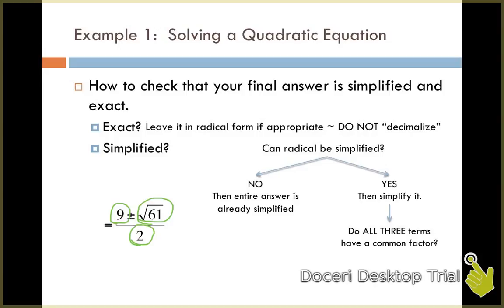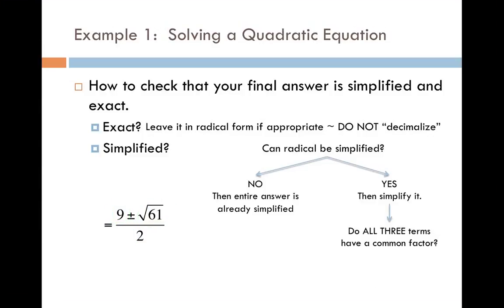So that's what you're looking for, a factor in the radical term. So, again, if you can answer no to that question, then again, you're done. You leave your radical in simplified form and then you stop. But if you can answer yes, then you go ahead and cancel that common factor, to get your answer into its final simplified form.